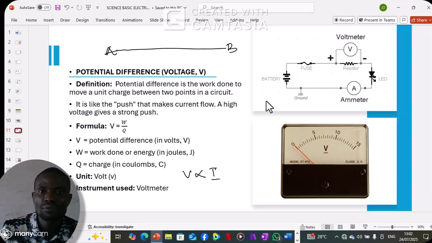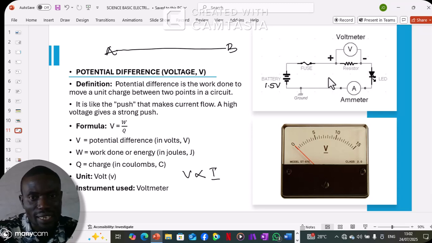If this battery has 1.5 volts, the one inside this circuit can never be 1.5, because there is an opposition, a restriction inside the battery itself that will not allow everything to go out.